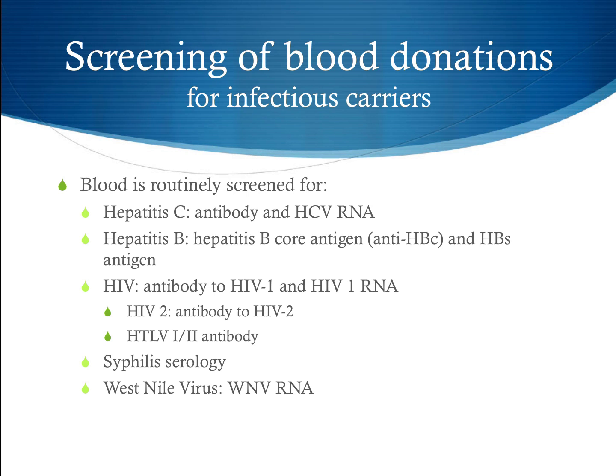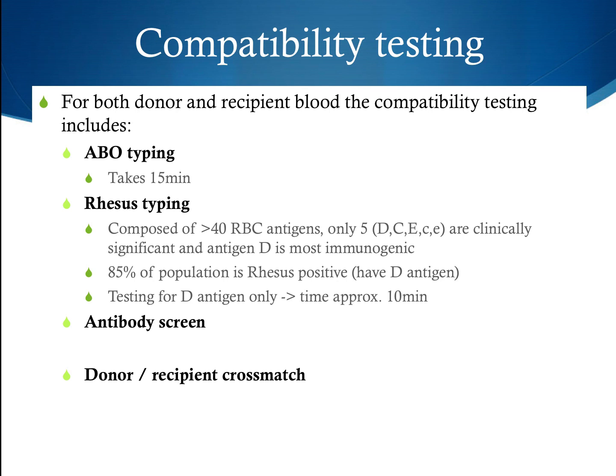This syphilis serology is still, surprisingly, present. It probably could be exchanged for a more antibody type test. But just keep in mind, this is our routine screening for infectious loads in our blood donations.